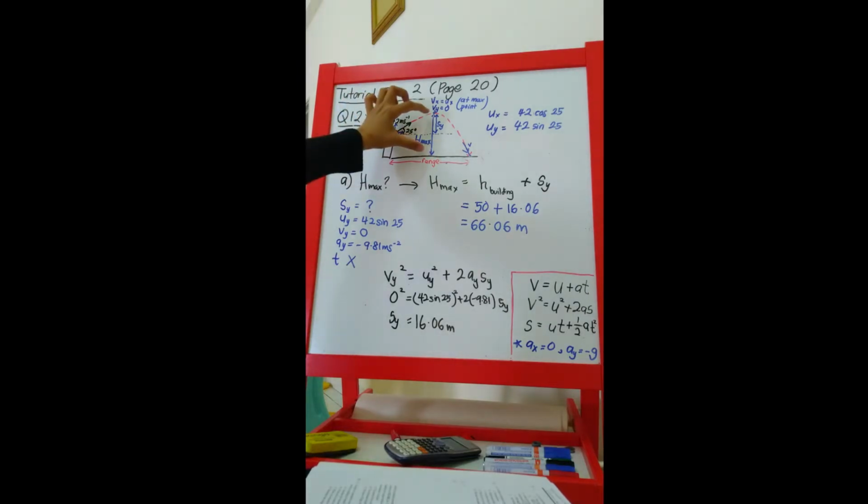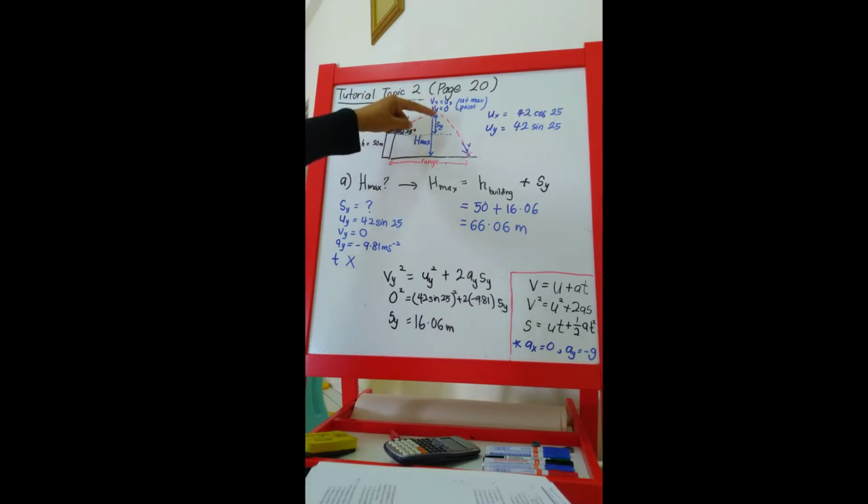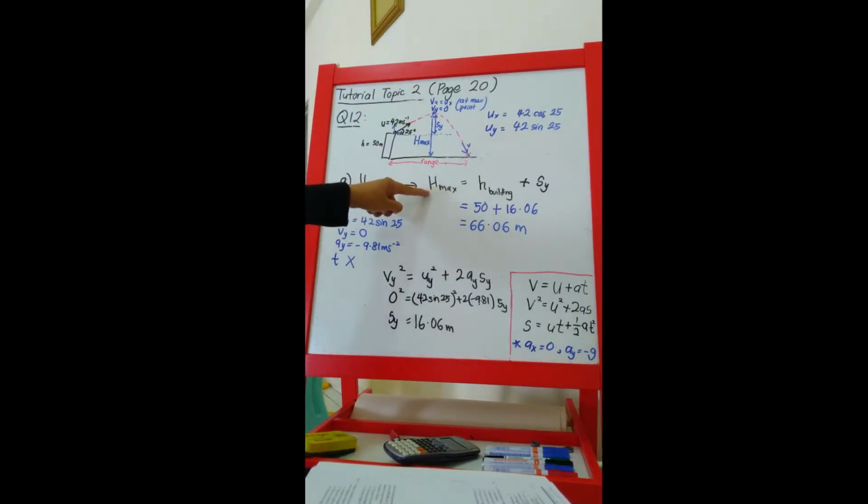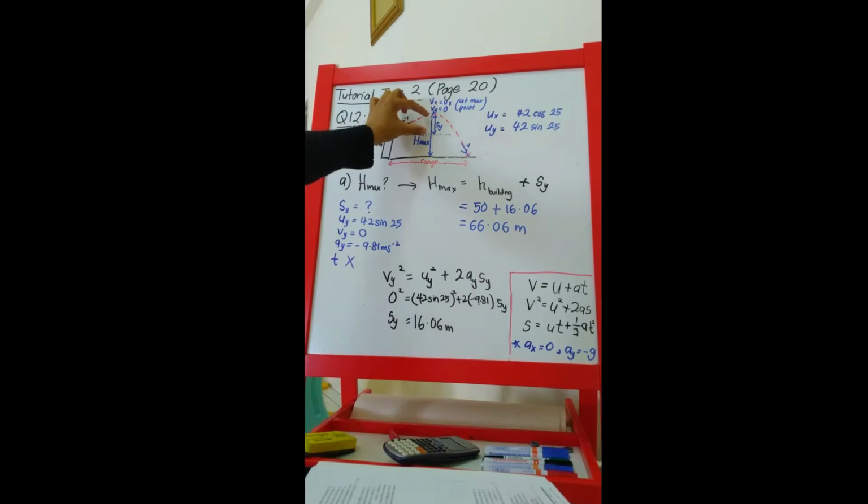In order to do so, we already have the height of the building. Therefore, the only bit of information we need to find is this part, which I'm going to label sy here. To find the maximum height, you need to add the height of the building plus sy.